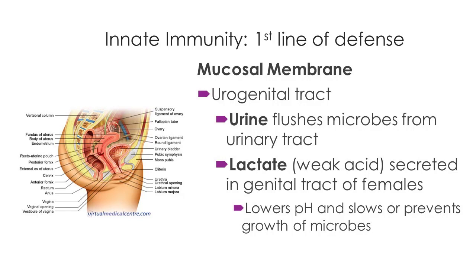This lactic acid is going to be secreted to try to prevent infection in the genital tract, especially of females, because we know pathogens, bacteria, and particularly yeast, like warm, moist regions, right? So you're trying to protect your body against these kinds of infections. So lactic acid lowers the pH and prevents, or at least slows, the growth of microbes and bacteria, and prevents those infections.